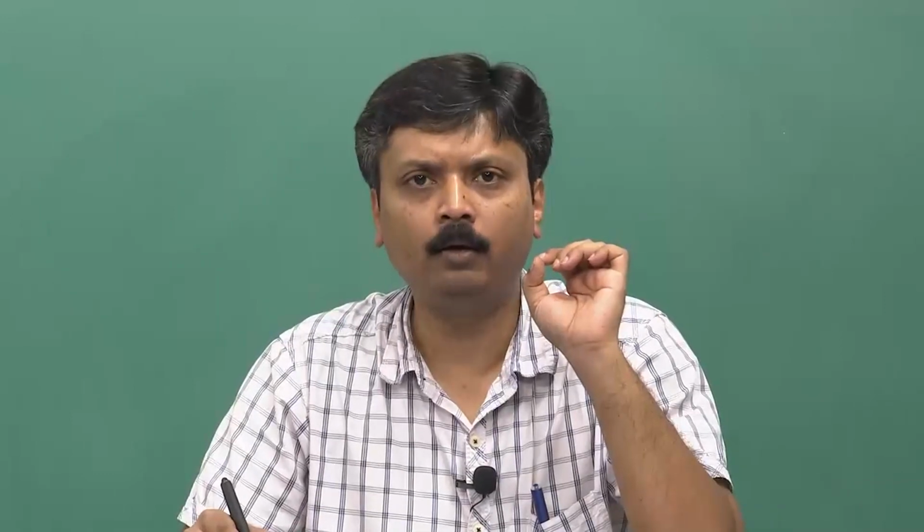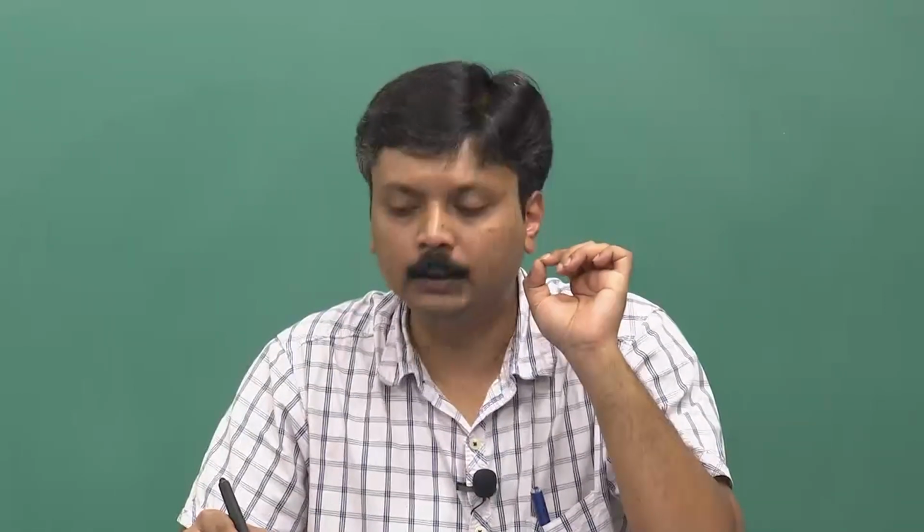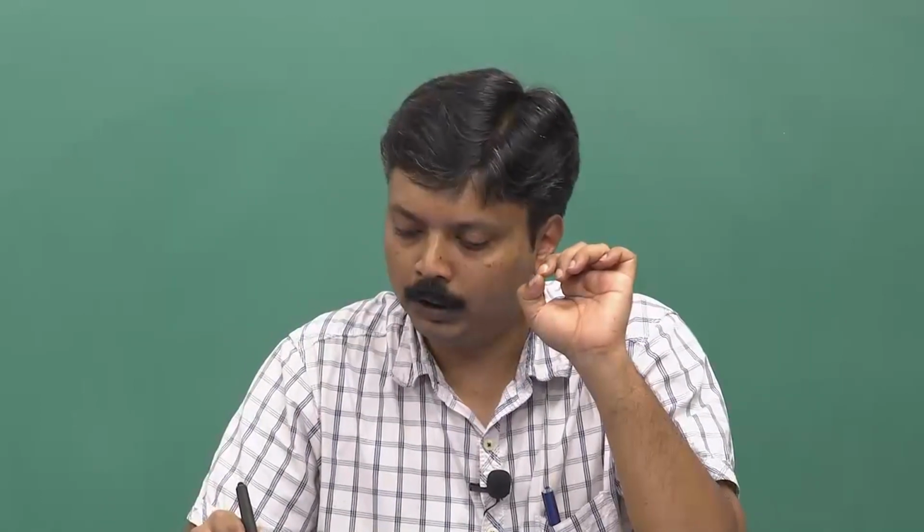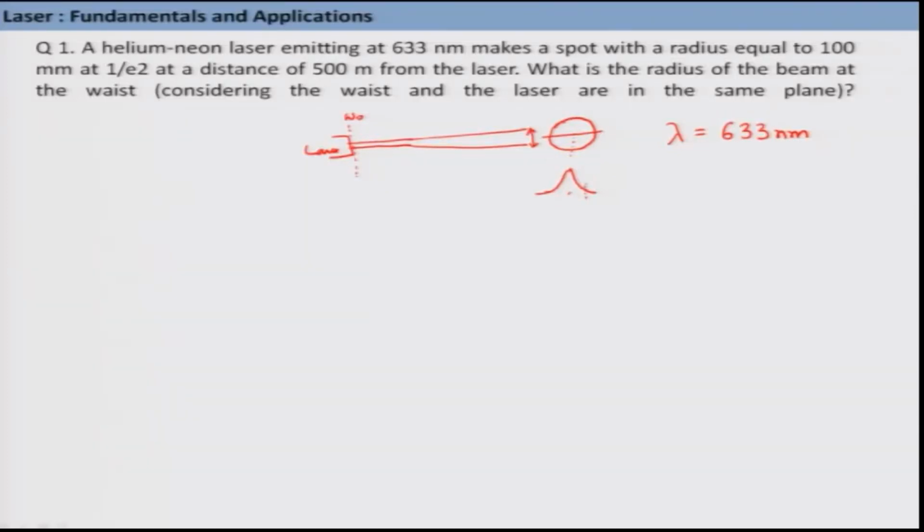When you reach the value of 1 upon e square, you stop there, you measure that distance, and that becomes your radius. So suppose this is the place where it is 1 upon e square, this distance is my beam radius, correct, that we have learned earlier.